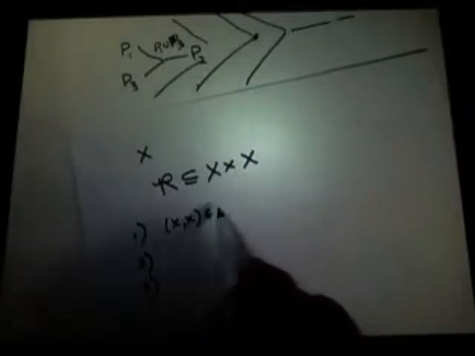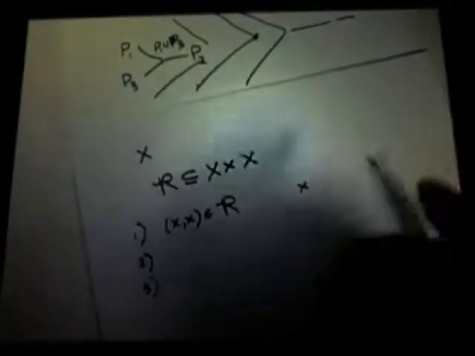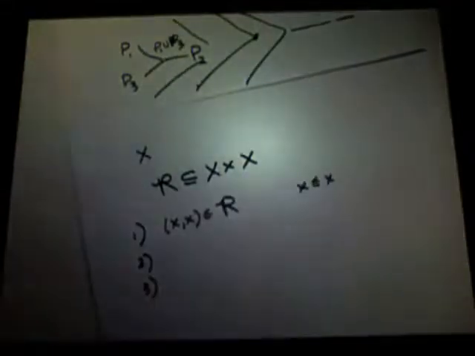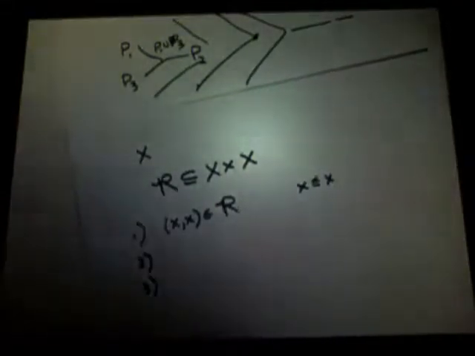If I have a set X, a partial order on X consists of a subset of X cross X, a relation, such that these three things have to happen. First, (x, x) is in it, right? That means if I use this as the partial order sign, it means x is less than or equal to x. Right? Yes.